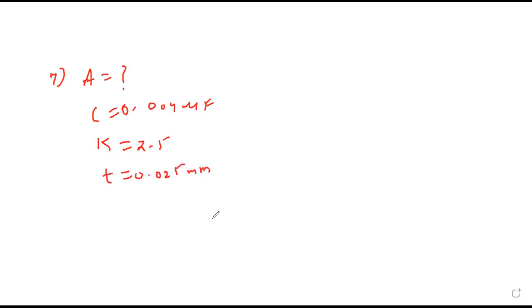How much area of paper will be required to construct a parallel plate capacitor of capacity 0.004 microfarad, if the dielectric constant of paper is 2.5 and its thickness is 0.025 millimeter?